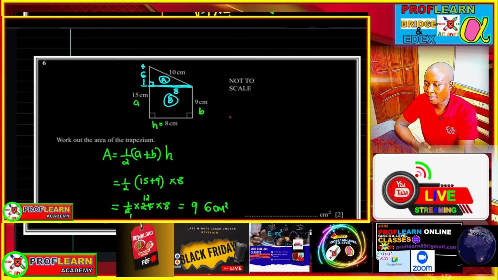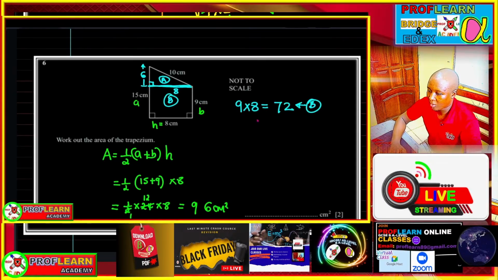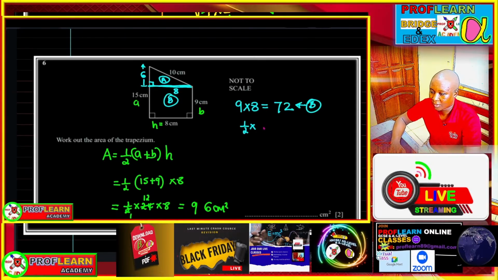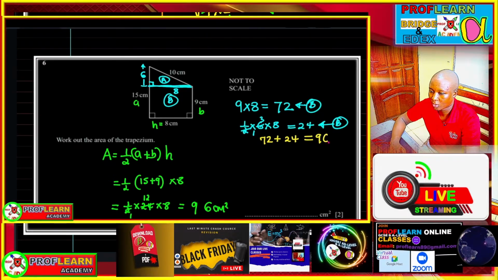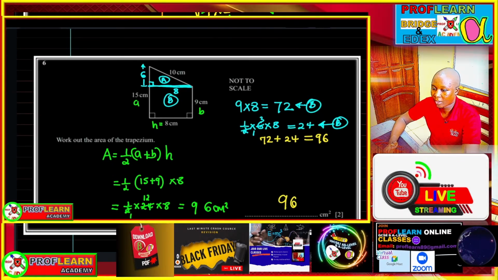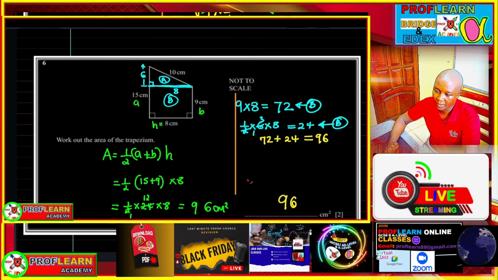And then we can say the area of the rectangle is 9 times 8, 72. And here this is going to be 24, right? Then we can add the two so that we can get the total area, which is 96. Any student who used either method could score all the marks at that given point.